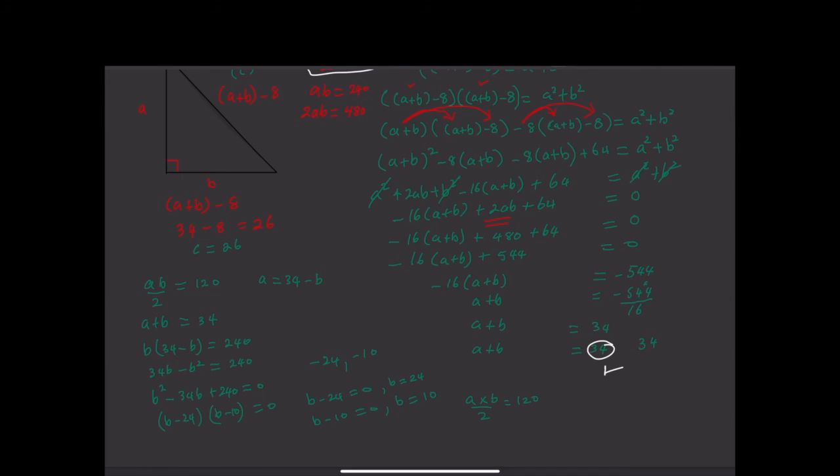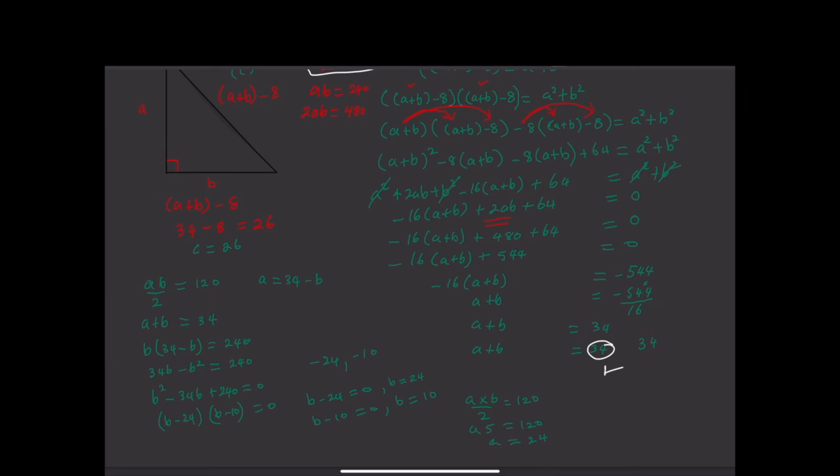So when b is 10, let's see, a times 5 is equal to 120. So we divide, so a is equal to, that goes 24.